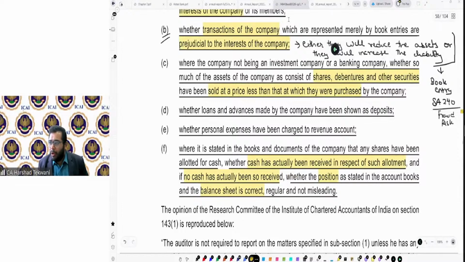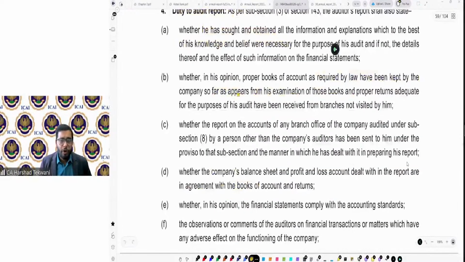Okay. Then the next part is Section 143(3) of the Companies Act, where the auditor is required to state a few things as per the section itself. It's also a kind of duty of an auditor to report.